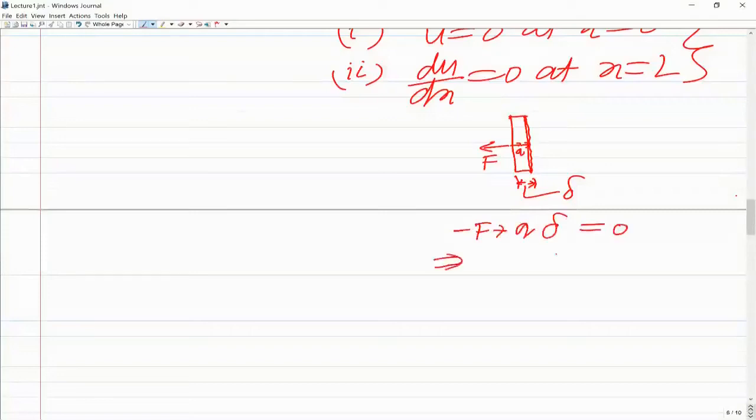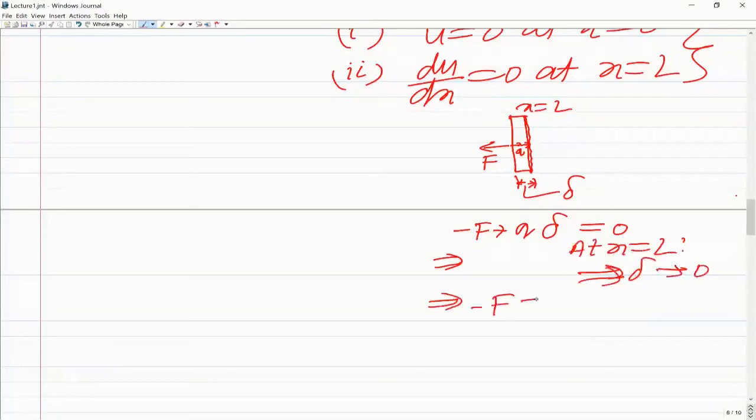Because we want to write this condition right at the right end, that is at x is equal to L, delta will be going to 0. When delta is going to 0, you will get minus F equal to 0, or you can say F equal to 0.